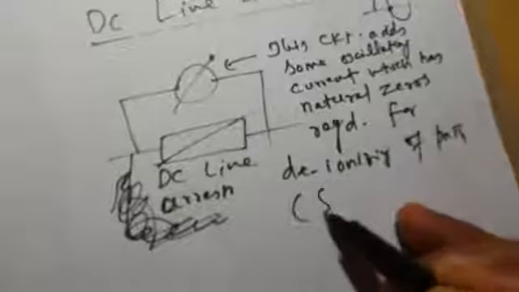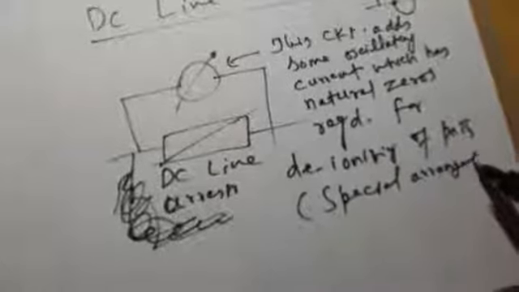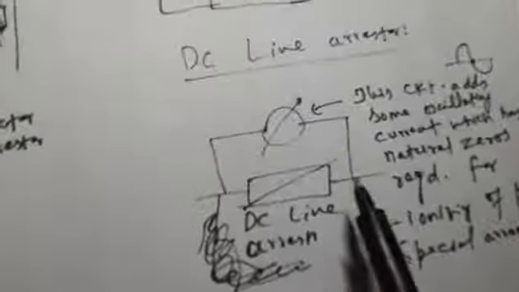So this is a special arrangement which is done for DC line arrestors. If this arrangement is not done, then if this DC line arrestor operates, it ionizes, and it will remain ionized for normal voltages also.